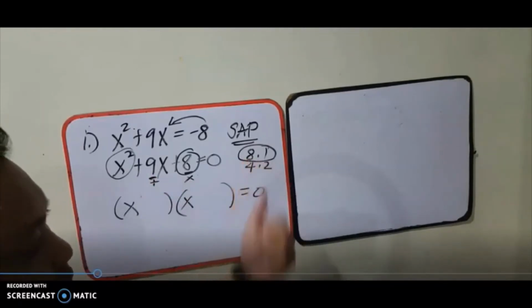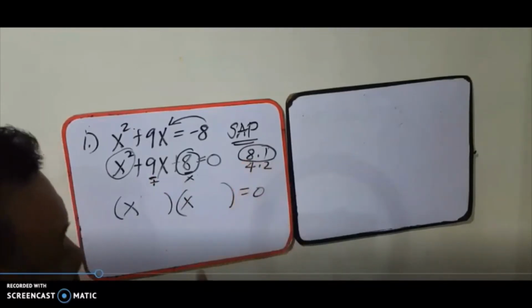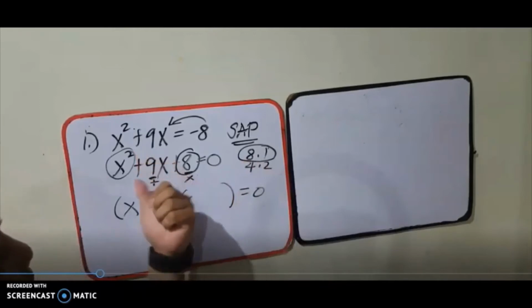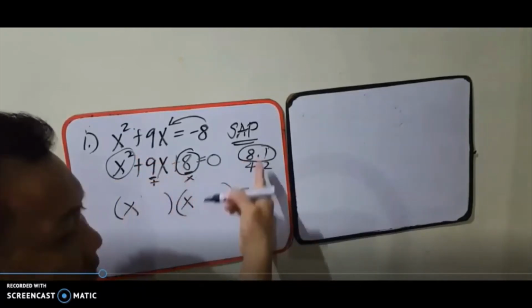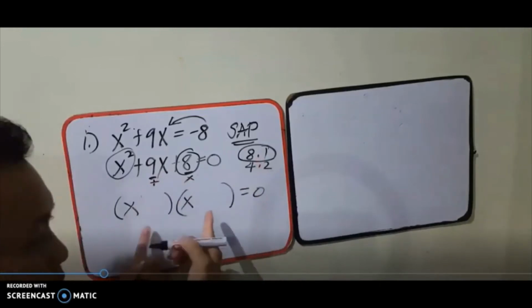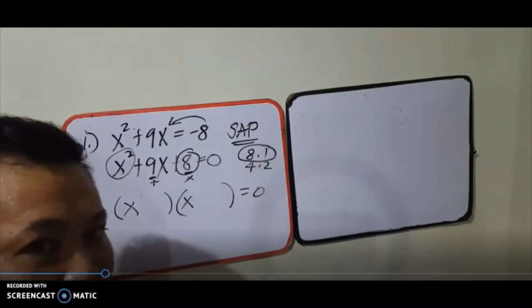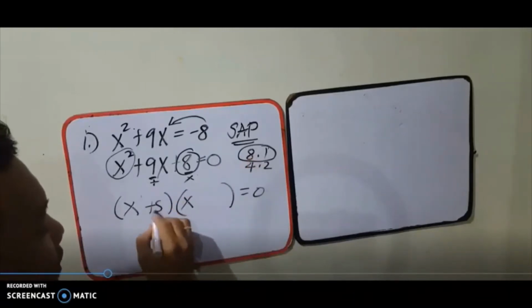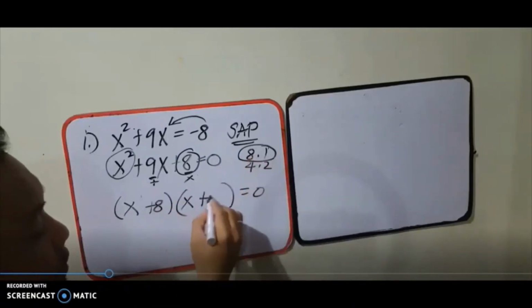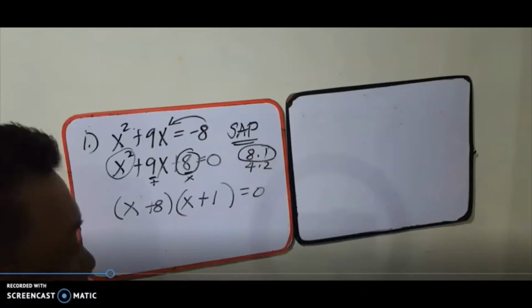These two numbers will form the factors of this quadratic trinomial. Their sign will serve as the operation when we write it in its factors. Positive 8 will become plus 8, positive 1 will become plus 1.